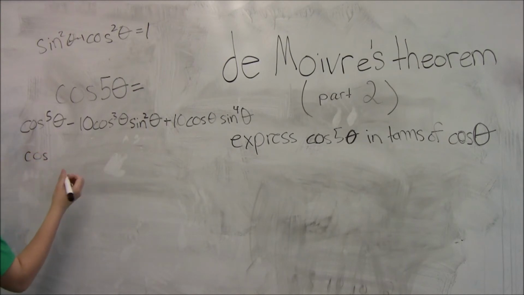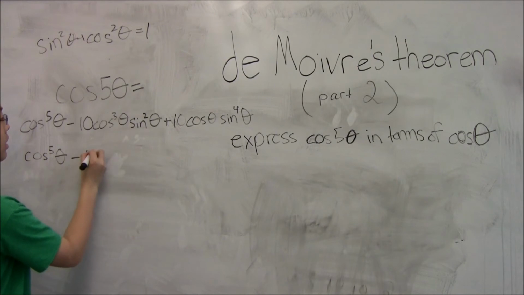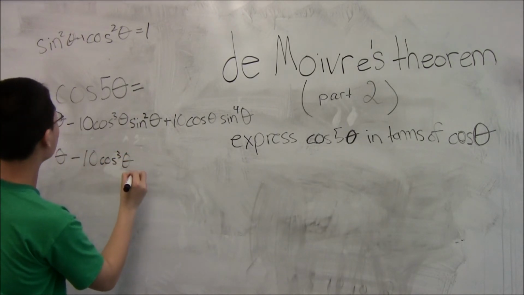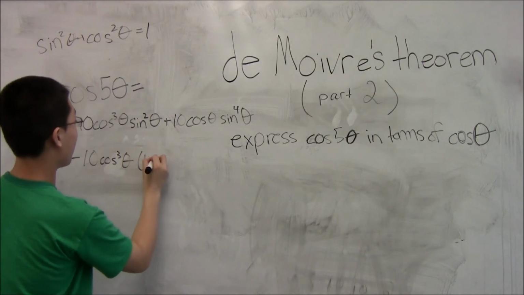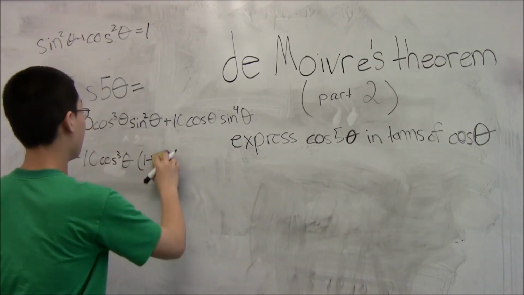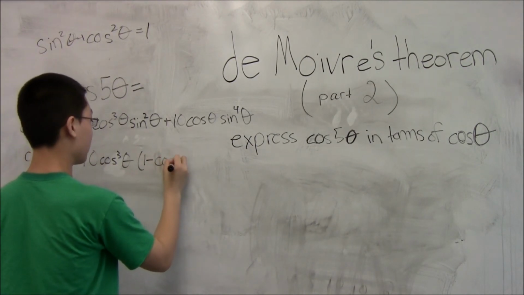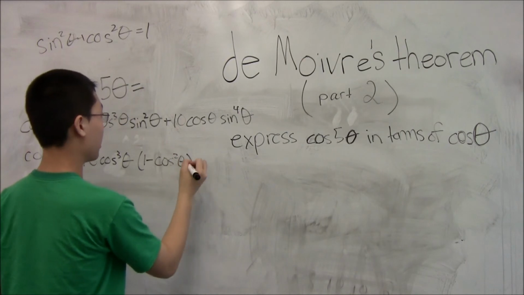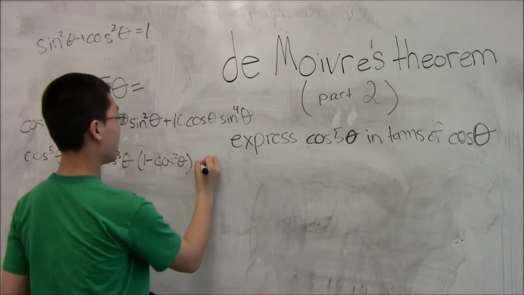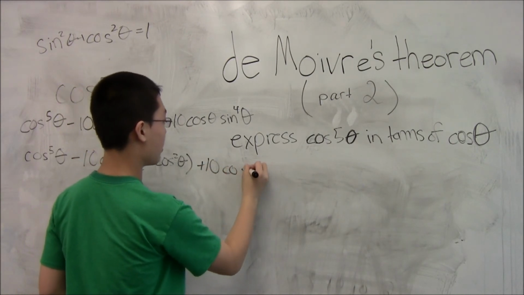So my marker is fading on me. Times 1 minus cosine squared of theta. Now what do we do with the sine to the 4th? Plus 10 cosine theta.